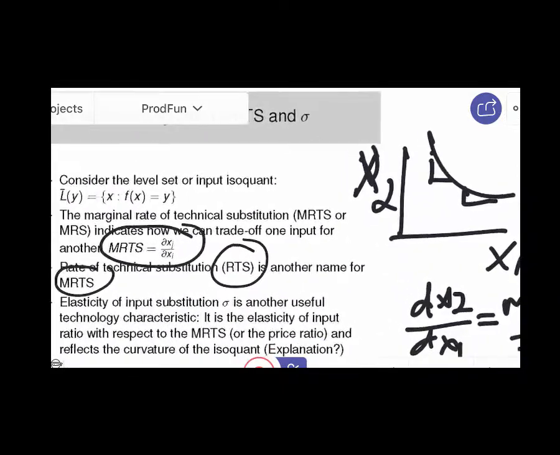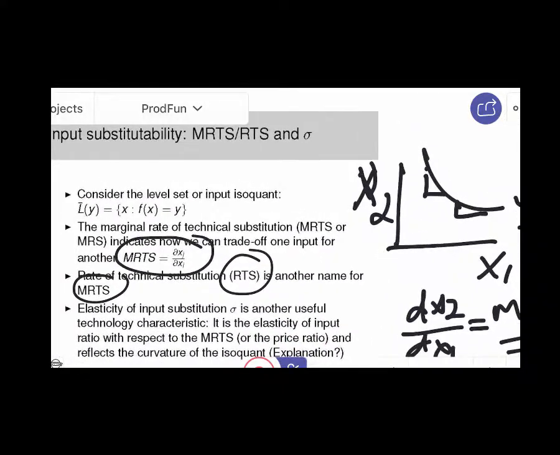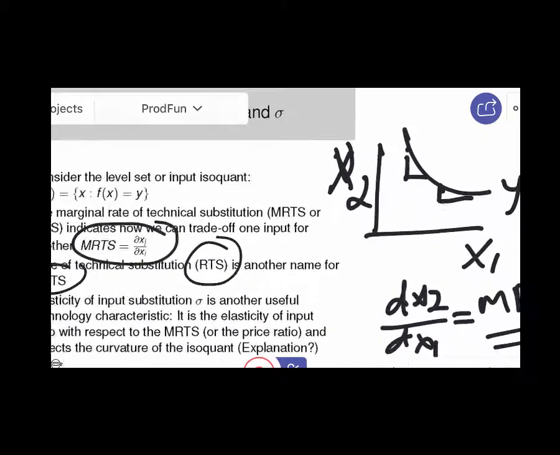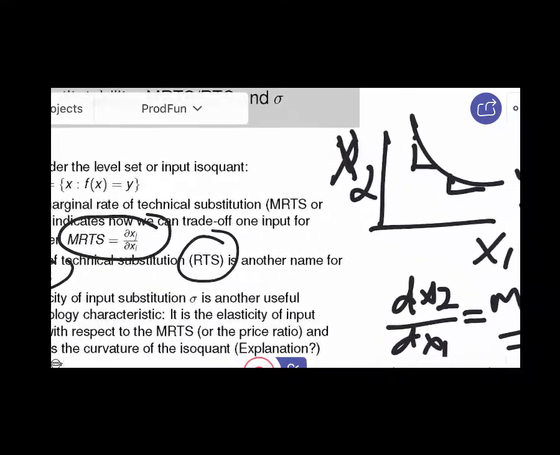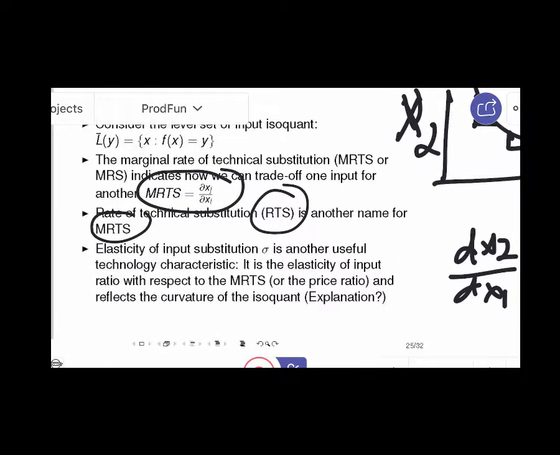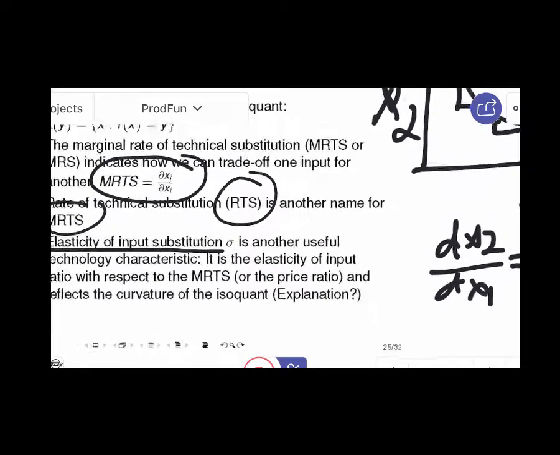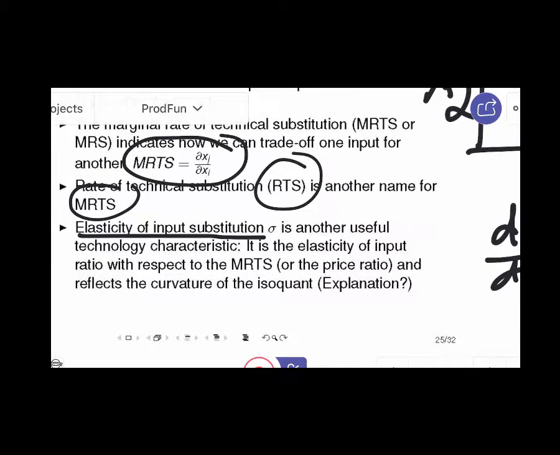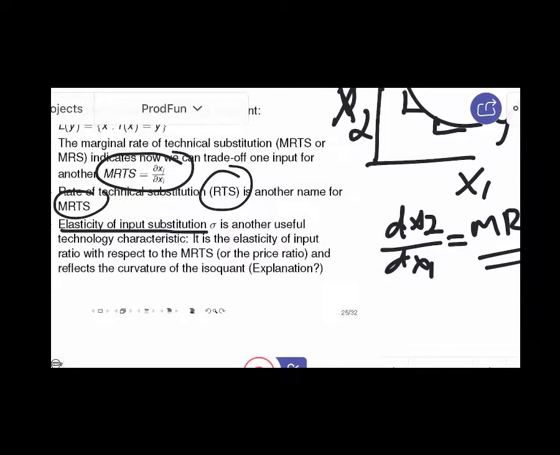But when we are thinking about optimal input choice, it's not just the slope that we think about. We also are interested in the elasticity of substitution, and this concept is a measure of how curved the isoquant is. So it's the elasticity of input ratio with respect to the marginal rate of technical substitution.